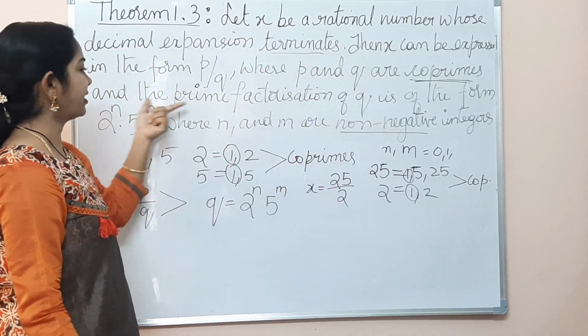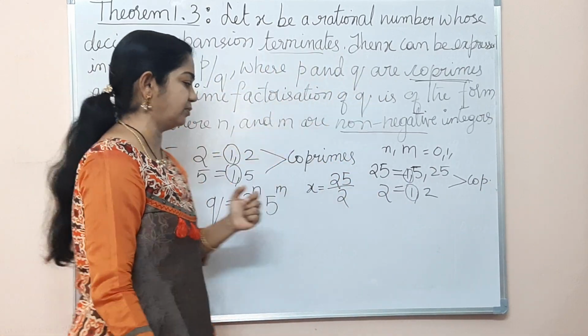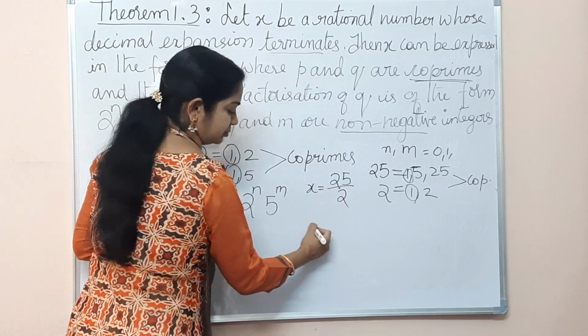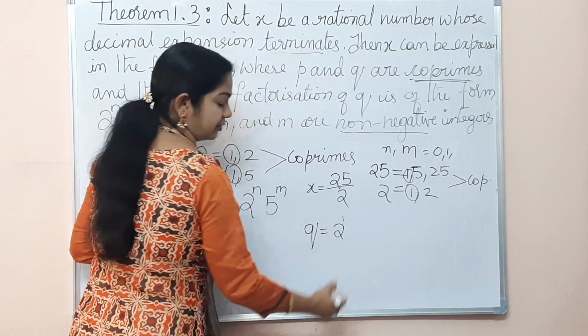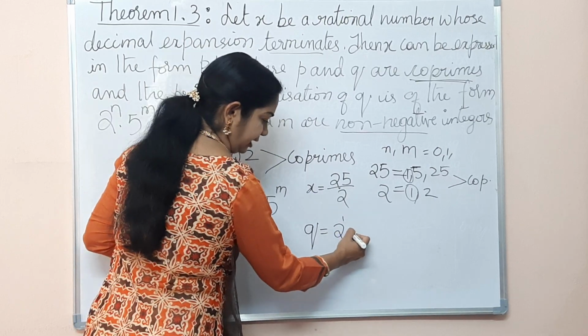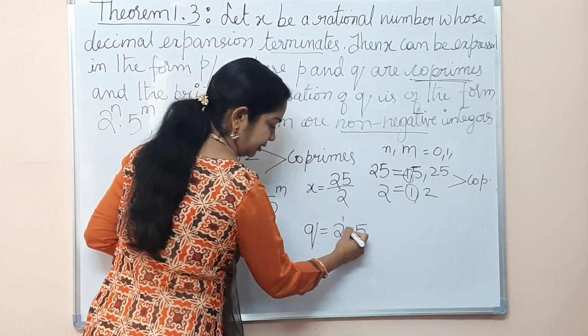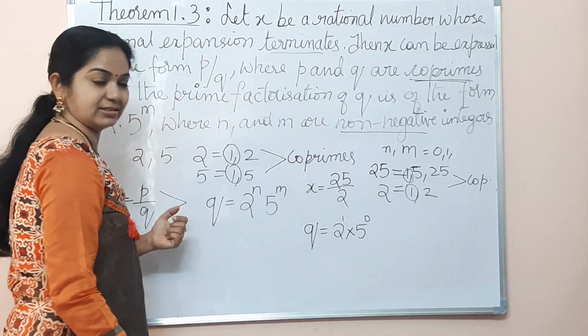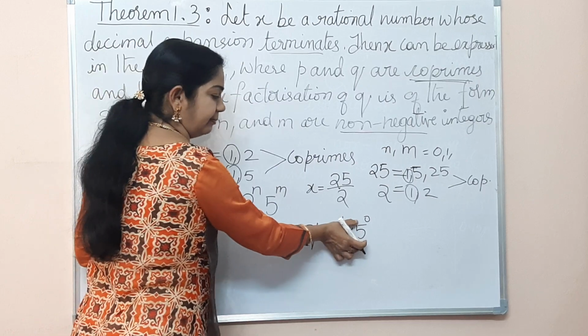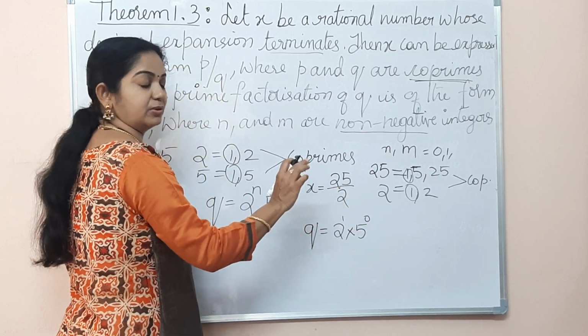And the prime factorization of q. Here q is 2. 2 can be written as 2 to the power of 1. That means if I multiply by 5 to the power of 0, the value doesn't change, because any number raised to the power of 0 is equal to 1.